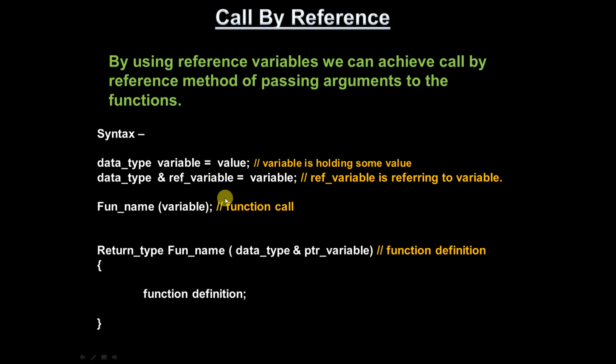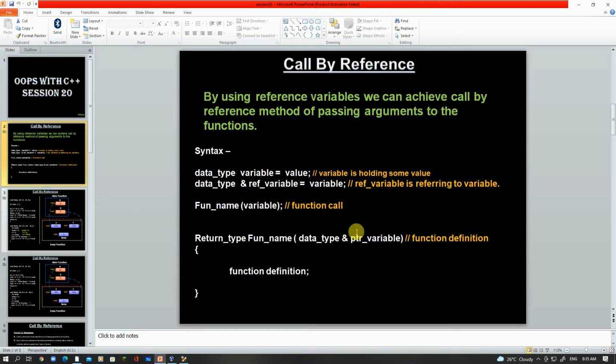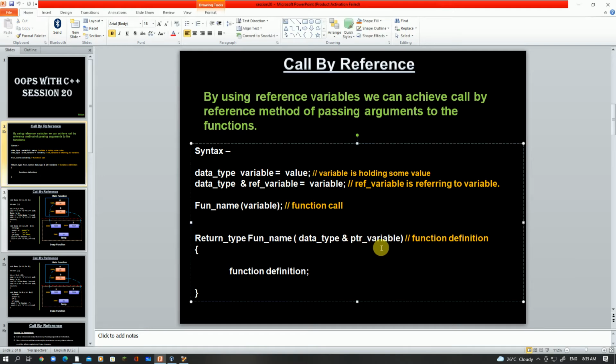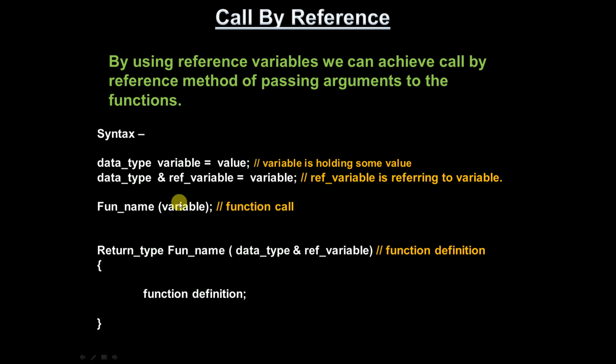Now in the case of a function call, you have to pass the variable only. In this syntax, whatever is on the right hand side has to be present in the function call, and whatever is on the left hand side has to be present in the function definition. Earlier I had a pointer variable; I am modifying it, and what we have here is a reference variable. So data type, reference, variable has to be present in the function definition argument, whereas whatever is on the right hand side has to be present in the function call argument.